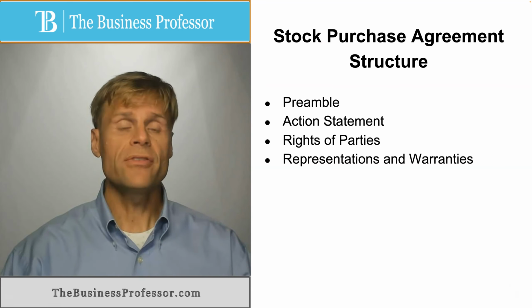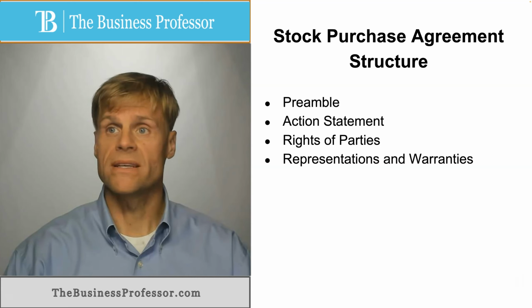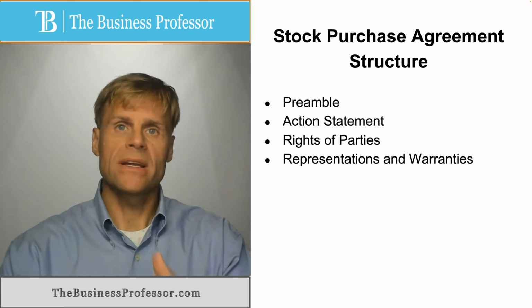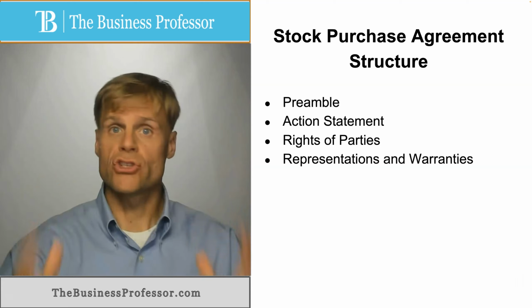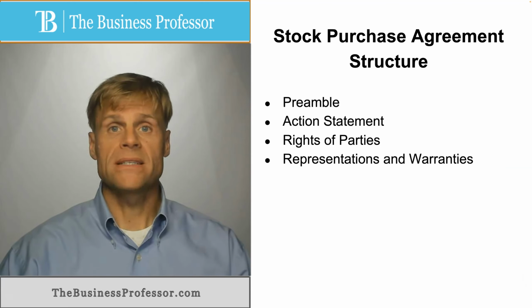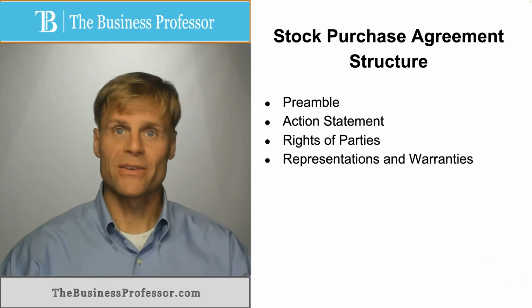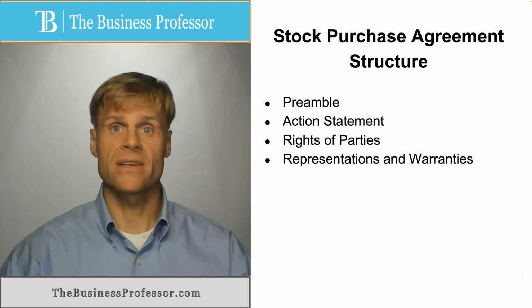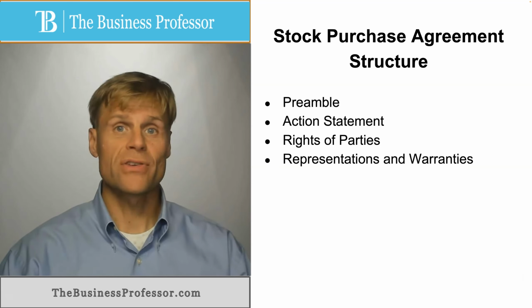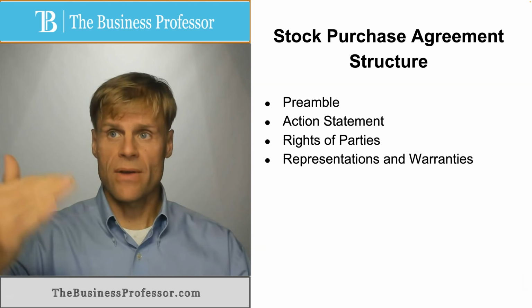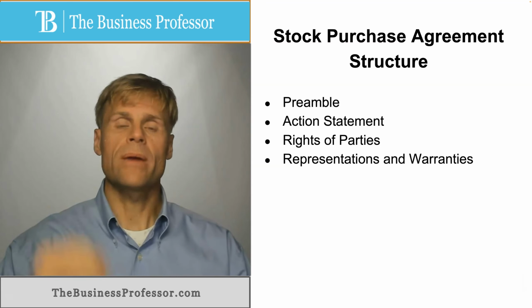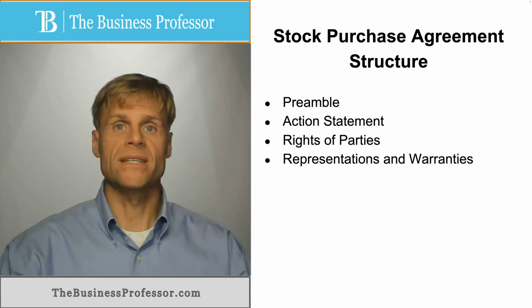Okay. After that, you have representations and warranties. These are the things that each party tells the other side is true, such as the company says they are organized in this location, that the board of directors has approved and the shareholders have subsequently approved this transaction, that so-and-so actions have been taken in furtherance. These are representations and warranties.